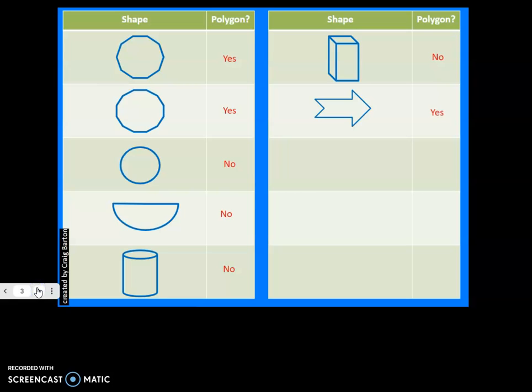This would be a yes. One region, all made up of line segments. Same thing. It's one region made up of line segments for its edges. This would be a no. This would be a yes.